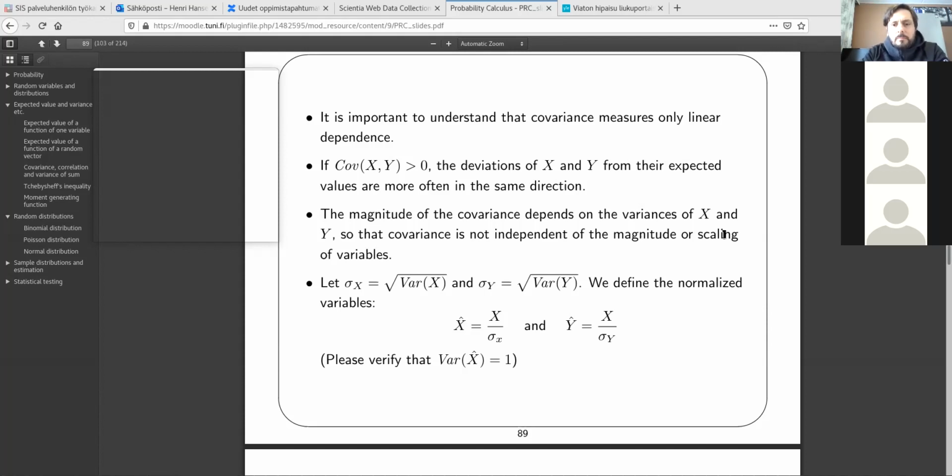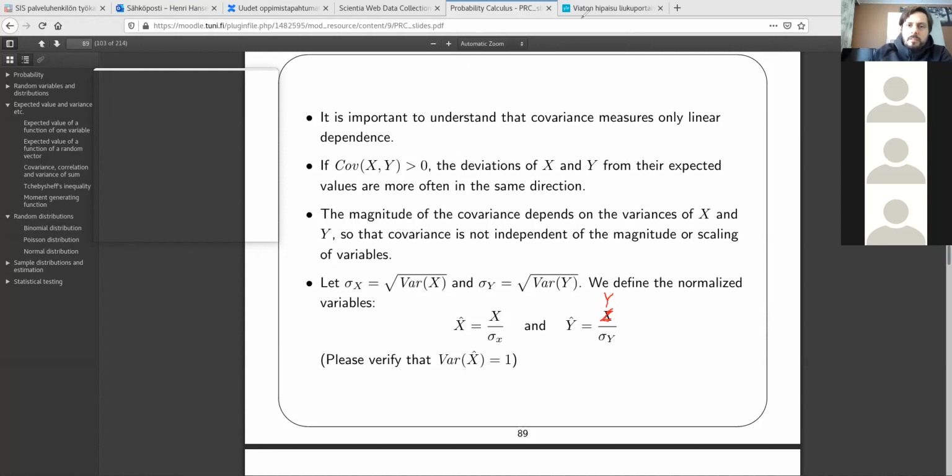Like I said, I didn't fix this yet, but here that should be y. You normalize the variables by dividing them with their standard deviation. What you end up with is two variables that have variance 1. So these newly defined variables have variance 1.